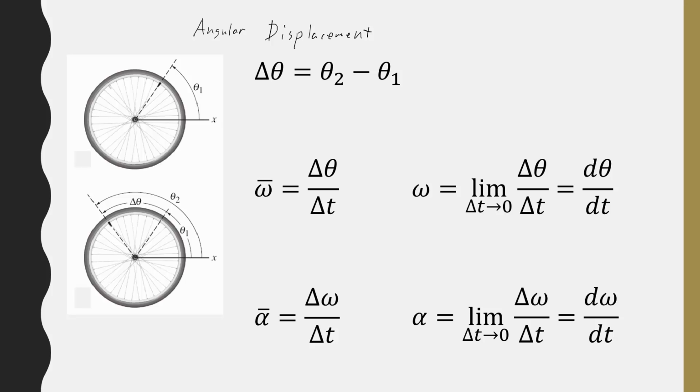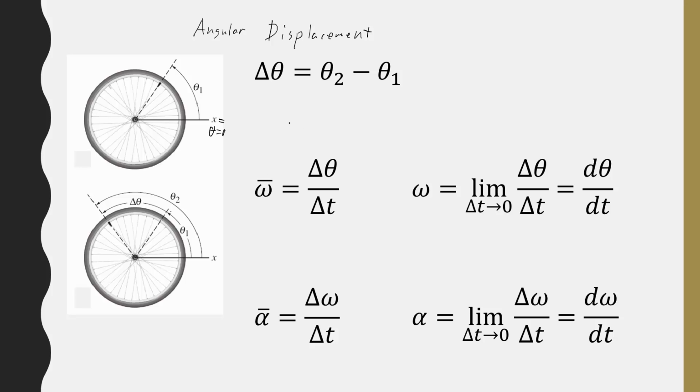So if we define the x-axis to be not x equals 0, but that location to be theta equals 0, then you can measure all of your angles with respect to that location. And if you have some angle 1 here and then another angle 2 over here, the difference between those angles is going to be your displacement. Just like before, the difference between your initial and final positions we called your displacement.